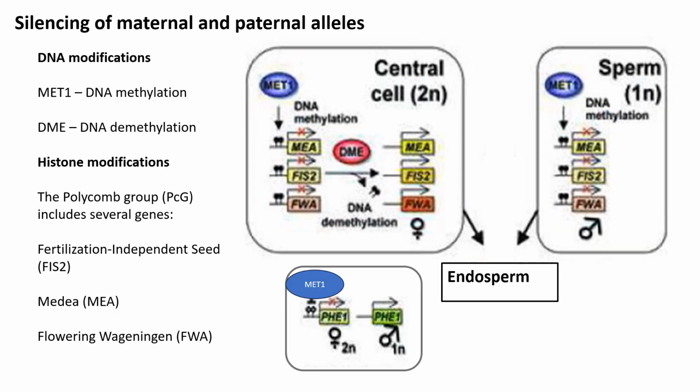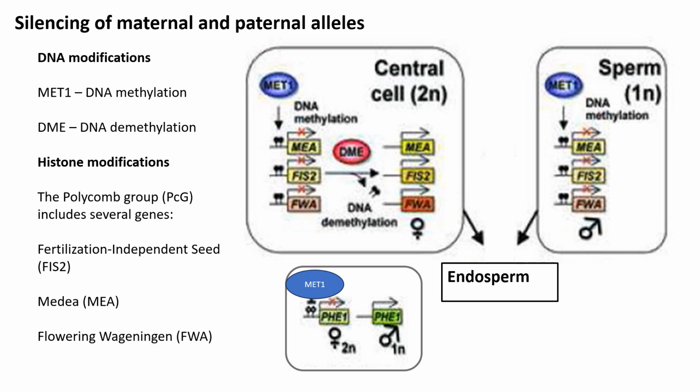The mechanism of gene imprinting involves DNA modifications, that is, methylation and demethylation of DNA. DNA methylation is carried out by the enzyme methyltransferase or MET1, whereas demethylation of these methylated sites is carried out by a DNA glycosylase called Demeter.